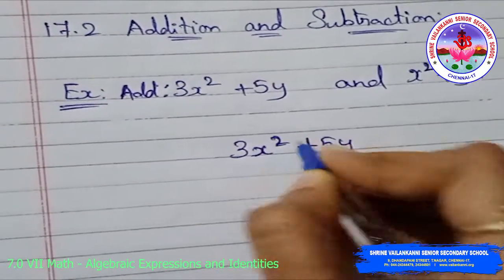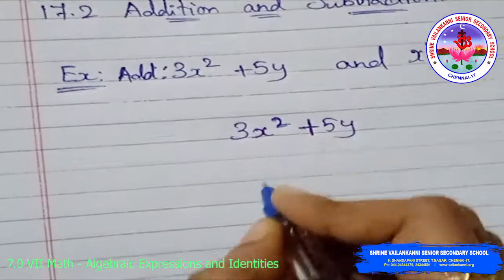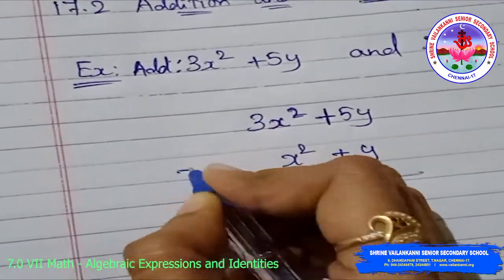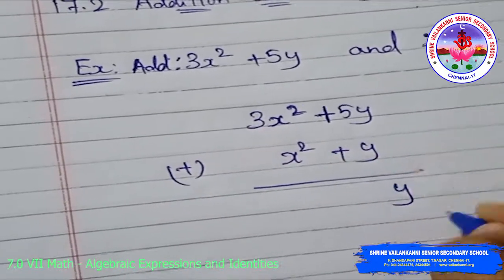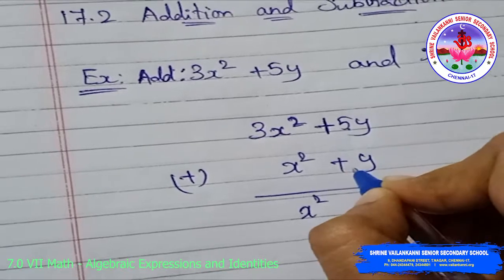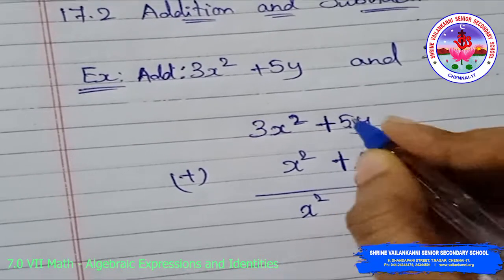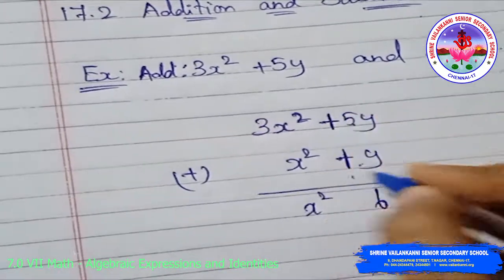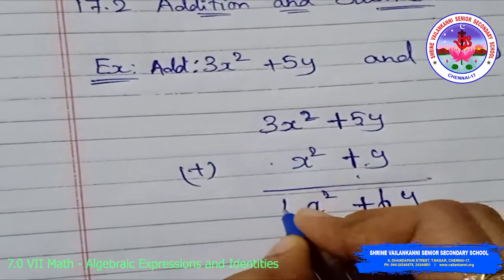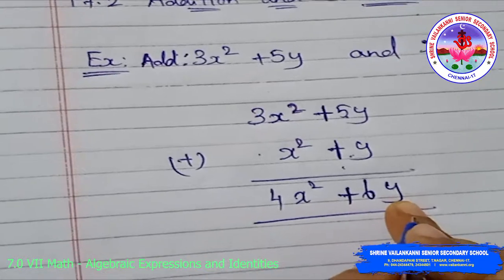Add the like terms: 3 plus 1 is 4, and 5 plus 1 is 6. So 4x squared plus 6y is the answer.